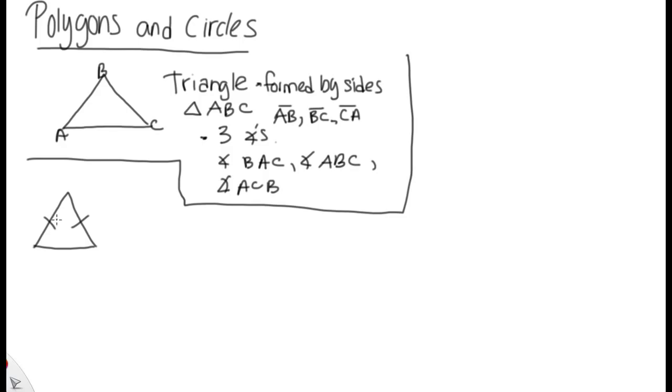Equilateral triangles, all three sides are congruent. Remember, the word congruent means the same length, or when we have congruent angles, means the same angles. So if we denote this here with these lines across, that means that the size of this side and this side and this side are all equal.